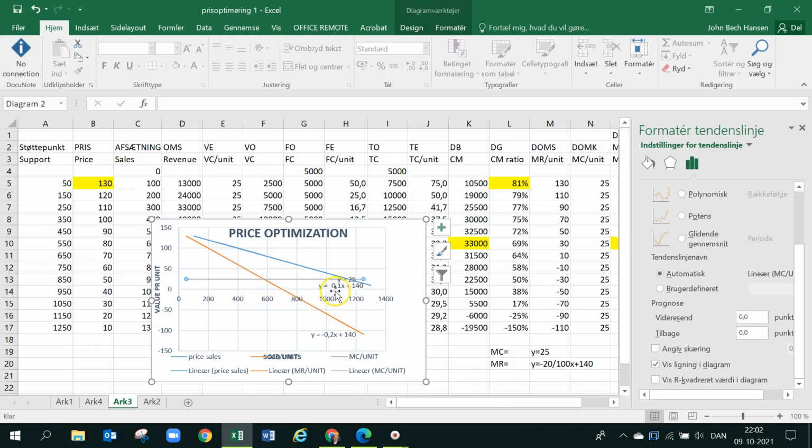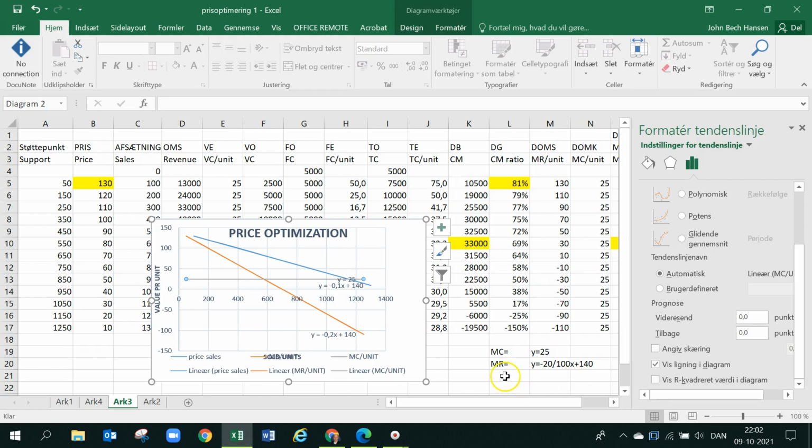Here we can see that the marginal cost is indeed 25, and the marginal revenue has double the slope of the sales. That's minus 20 divided by 100, so minus 0.2x.